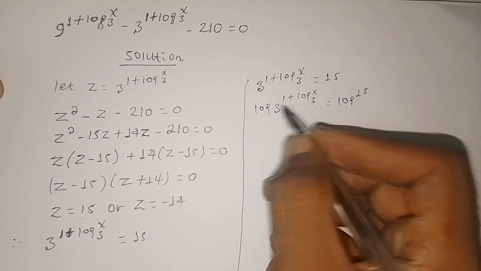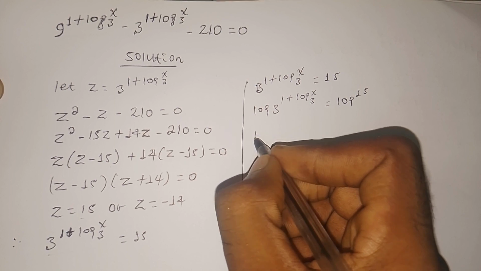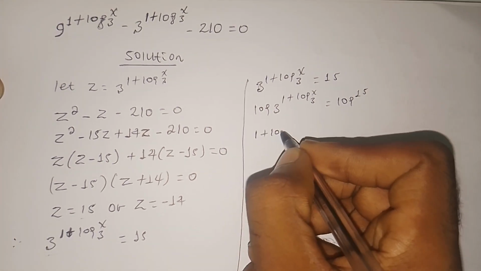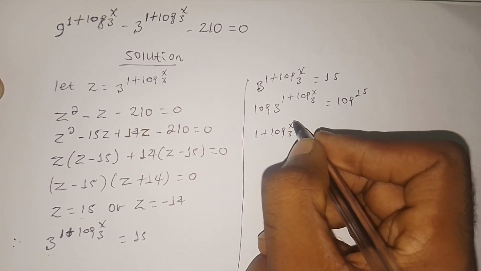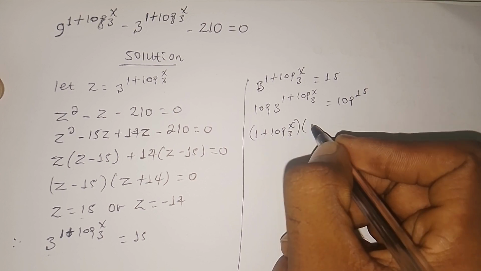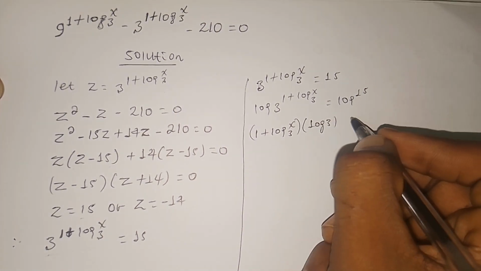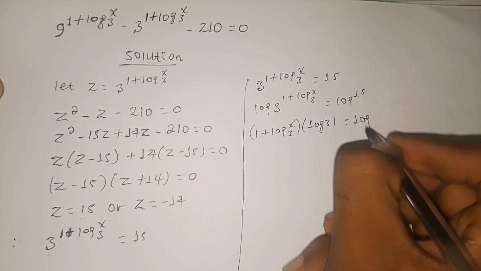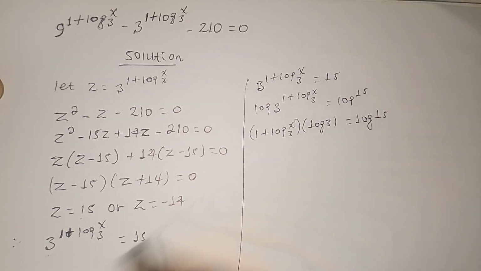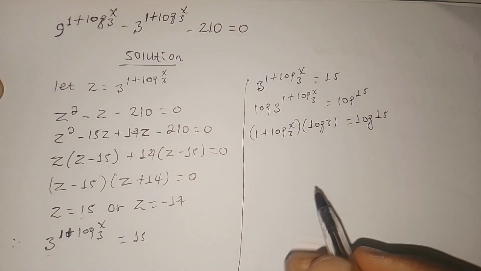Then this means 1 plus log x in base 3, times log 3, is equal to log 15. Now divide both sides by log 3.